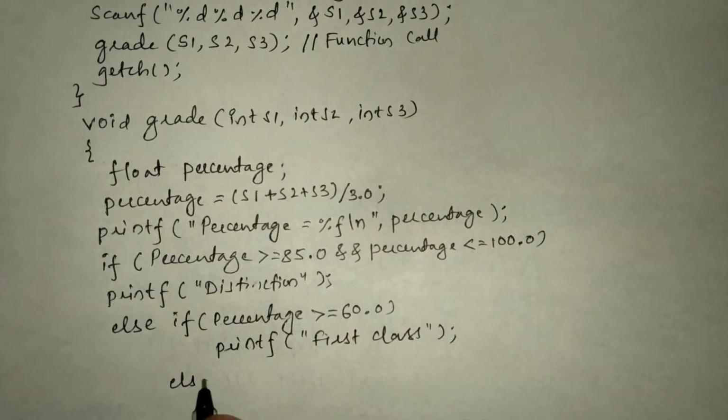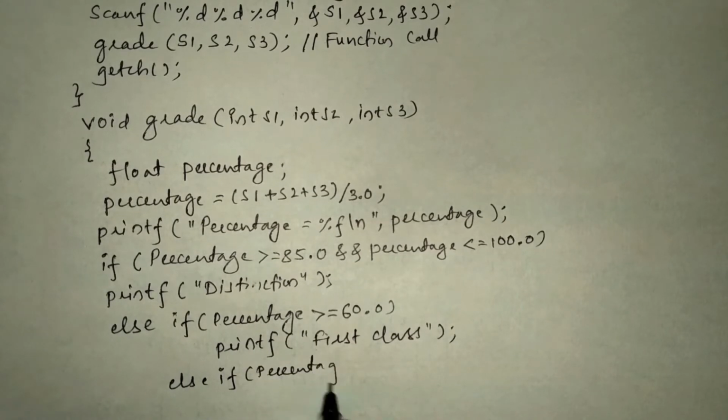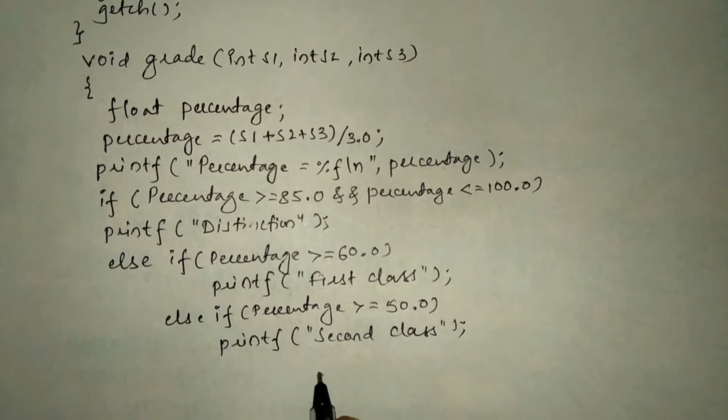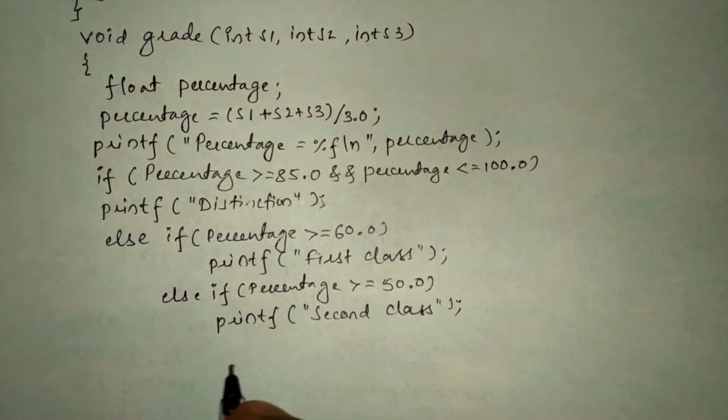Once again we are going to write else if, and the next condition is percentage is greater than or equal to 50.0, then we'll write printf statement, and in the double quotation mark we'll write second class, end the double quotation mark and put semicolon. Similarly we are going to check the condition even for pass class.